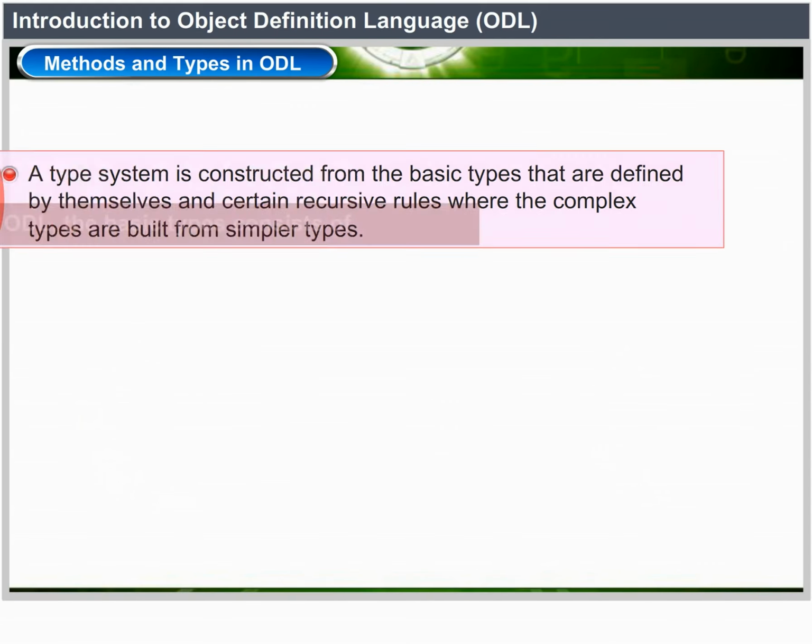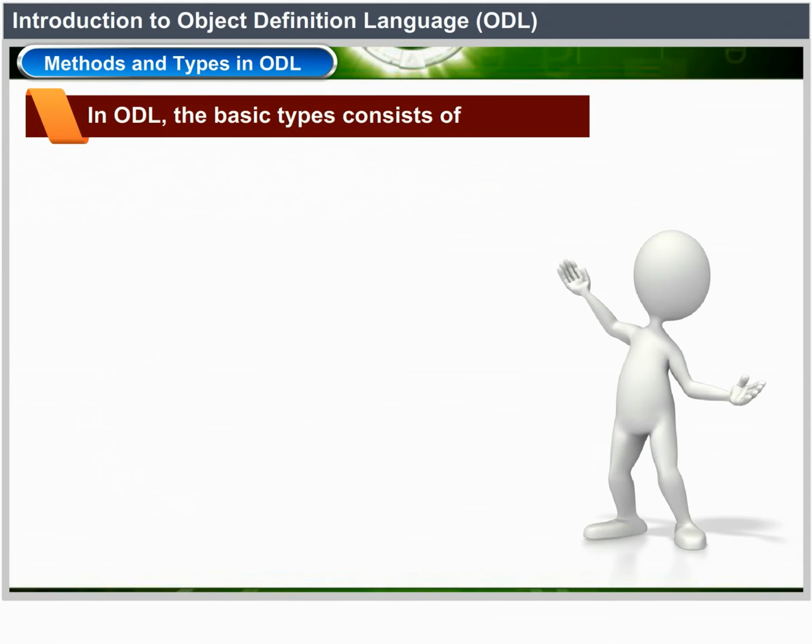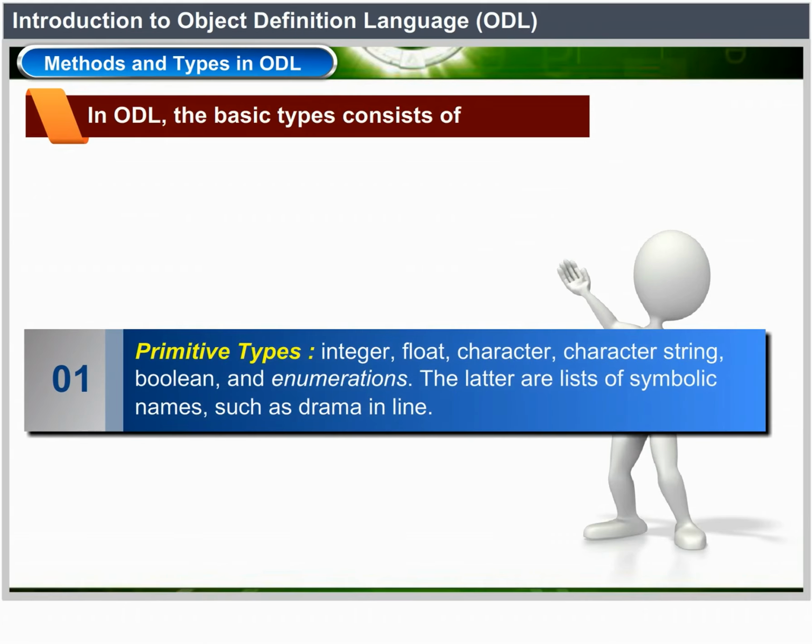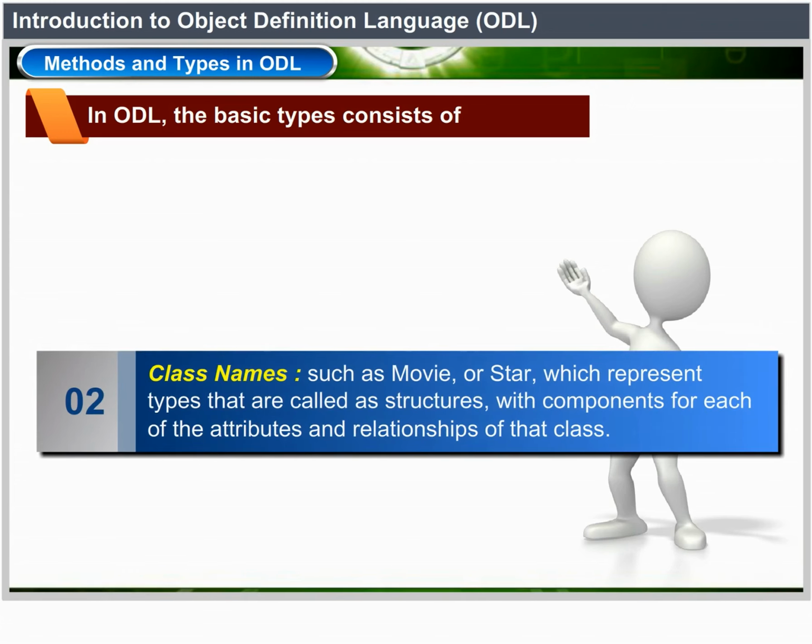In ODL, the basis consists of primitive types: integer, float, character, character string, boolean and enumerations. The latter are lists of symbolic names, such as drama in line, and class names such as movie or star, which represent types that are actually structures with components for each of the attributes and relationships of that class.